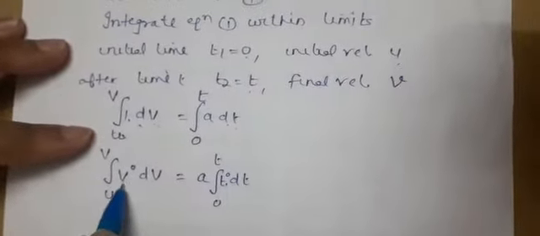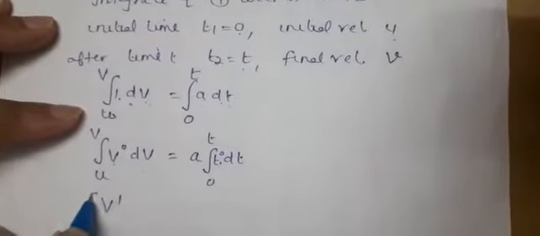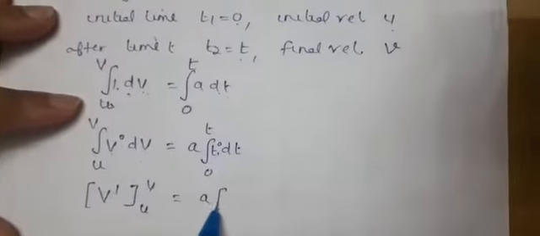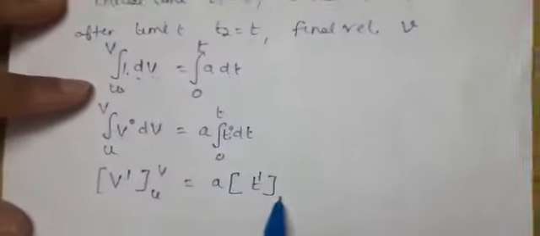Now integrate v raised to the power 0 with respect to v, it will be v to the power 1 divided by 1. Here also we are integrating 1 with respect to t, you are getting t. Why? Because here n is 0. So 0 plus 1, t raised to the power 1 within the limits 0 to t.